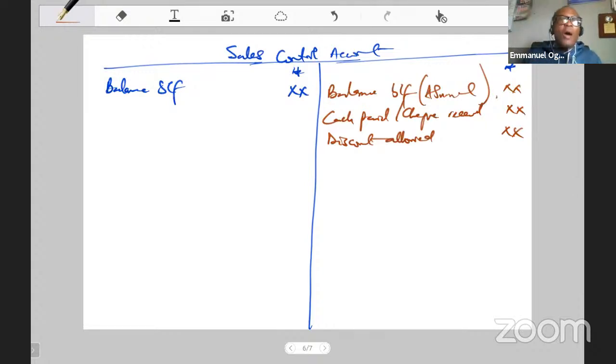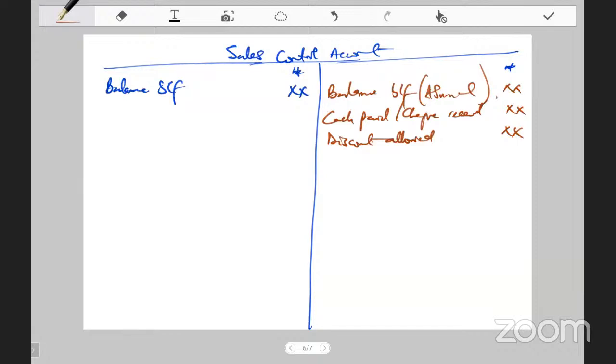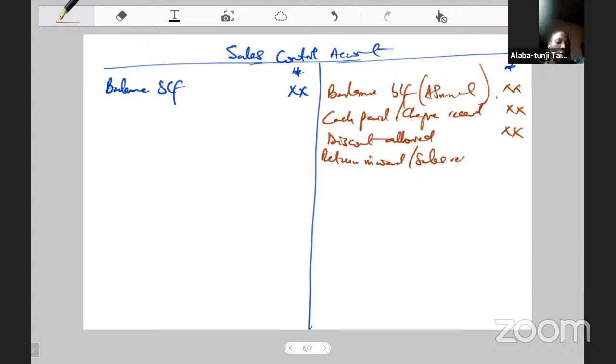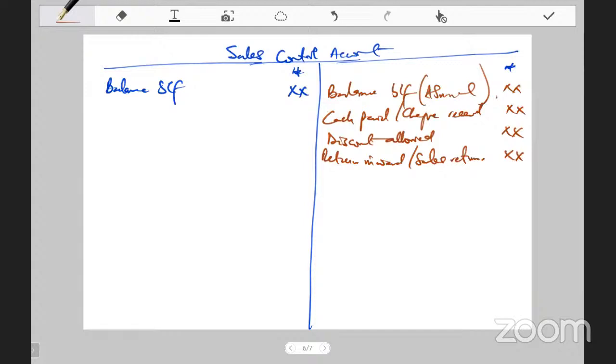We now also have what we call return inward. Another name for return inward is sales return. Do we debit or we credit? We credit. So that is called return inward. Next, we have a situation of bad debts.